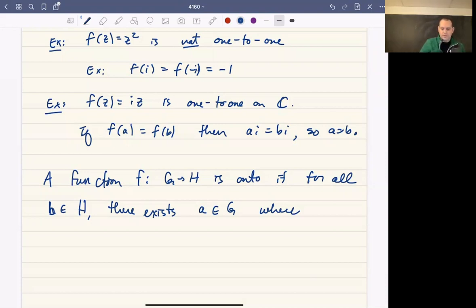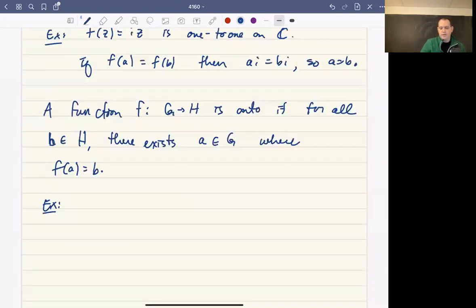So, for example, if you were to talk about the function f mapping the complex plane to the complex plane given by f of z equals z squared, this function is onto. So f is onto, because every value in the complex plane is the square of some complex number. This is one of the first things that we proved in the first week.